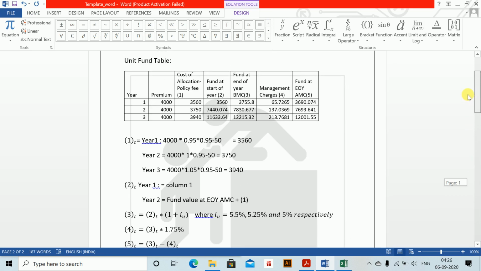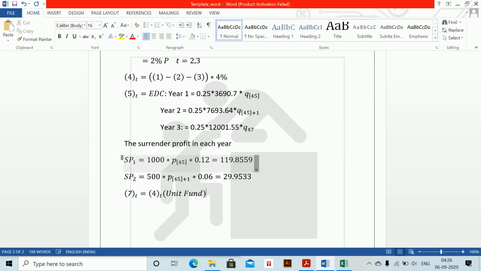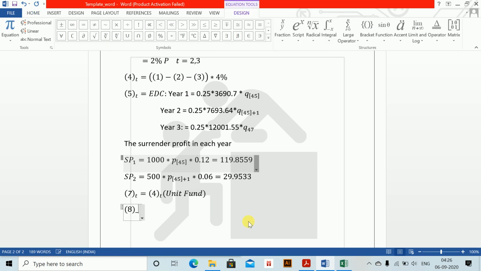This was equal to which column? 4th column. 7_T is equal to 4_T unit fund, and also 8_T is basically equal to 1 minus 2 minus 3 plus 4 minus 5 plus 6 minus plus 7.